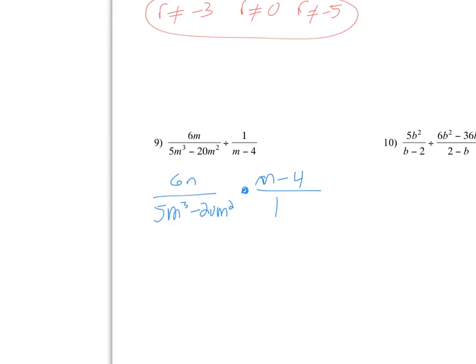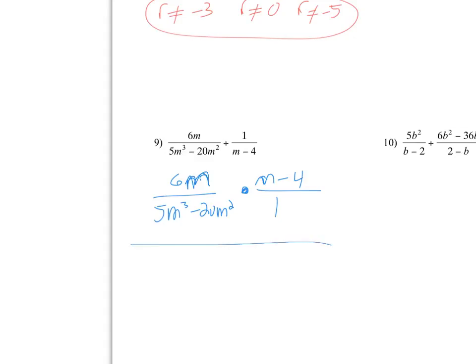I also notice, and hopefully you should too, that hey, this denominator has common factors. 5m cubed and 20 both have 5s as divisors, and there's an m cubed and an m squared. So I'm going to factor this denominator.